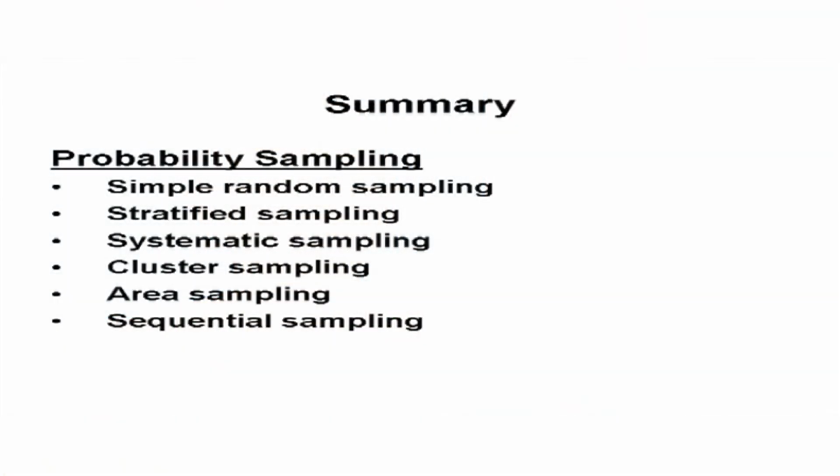Dear students, in this class I explained to you two major types of sampling designs, that is the probability sampling and the non-probability design. Under probability sampling design, I covered simple random sampling, stratified sampling, systematic sampling, cluster sampling, area sampling and then sequential sampling.